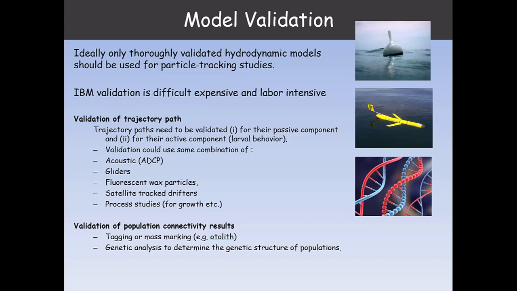If we were going to validate the connectivity kind of study, we could perhaps use tagging or mass marking data, as well as looking at genetic analysis to determine genetic structures of populations.